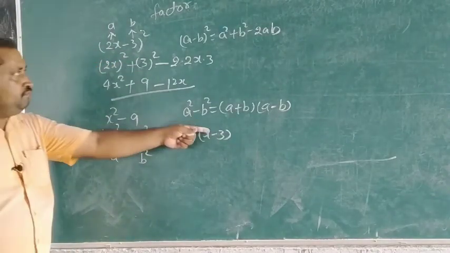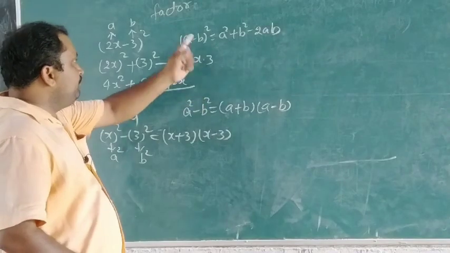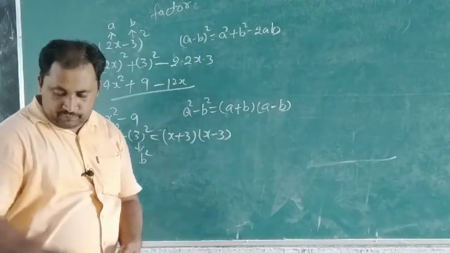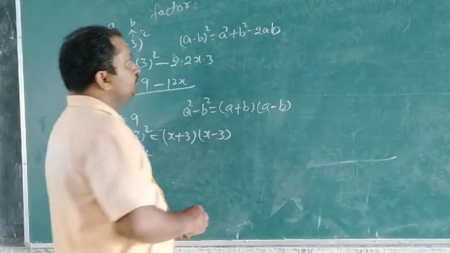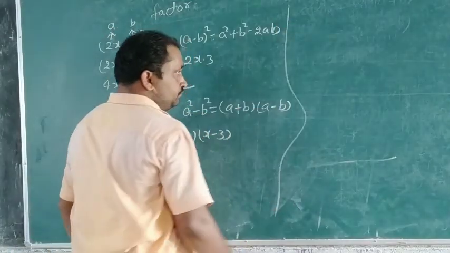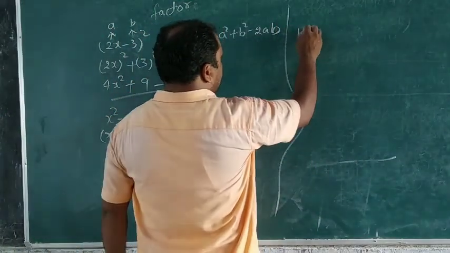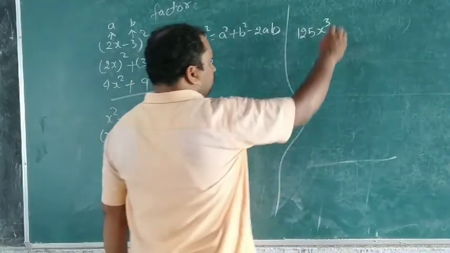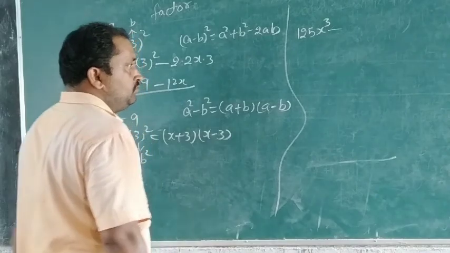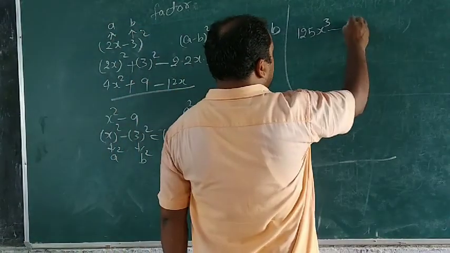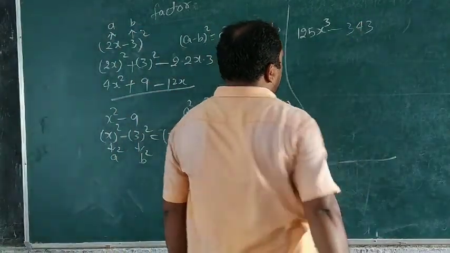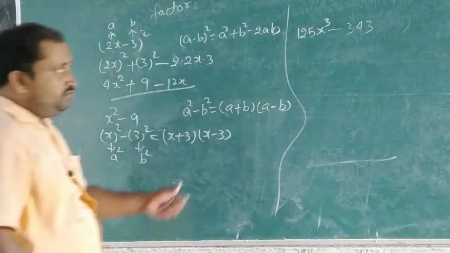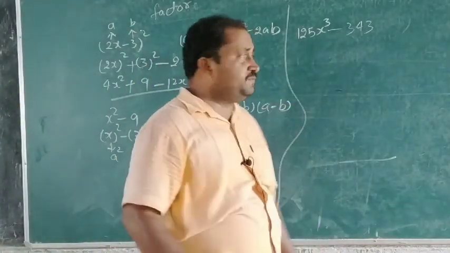तो फर्स्ट टाइप बताया था, सेकेंड टाइप, थर्ड टाइप एंड फोर्थ टाइप देखिए. If 125x³ minus 343, what will be factor of this expression?